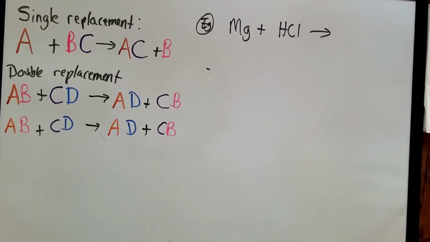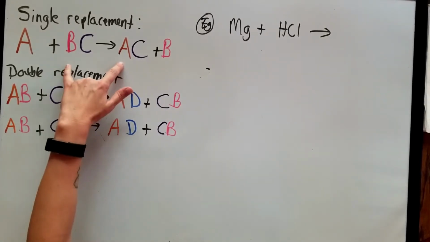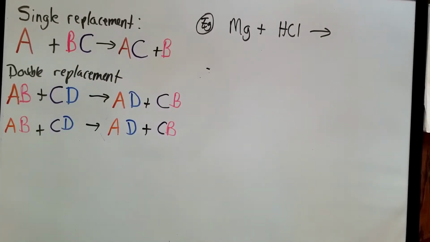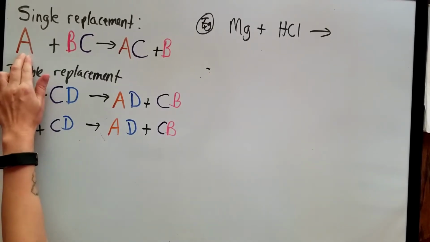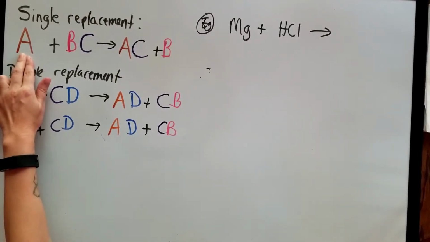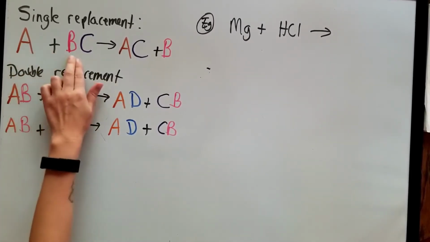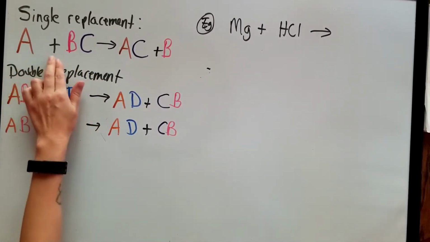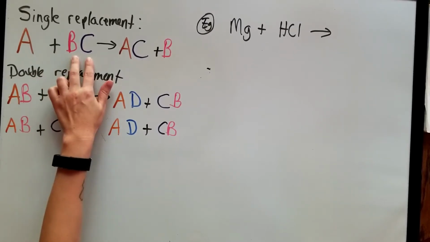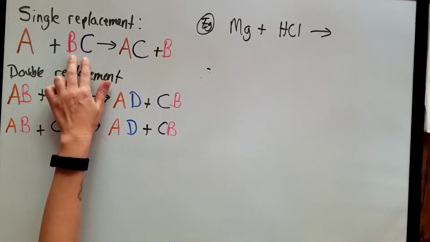All right, so here's the basic outline of a single replacement reaction. We have an element by itself, represented by the letter A here, and it's reacting. This is the reactant side of the equation. That element by itself is reacting with a compound, an ionic compound.